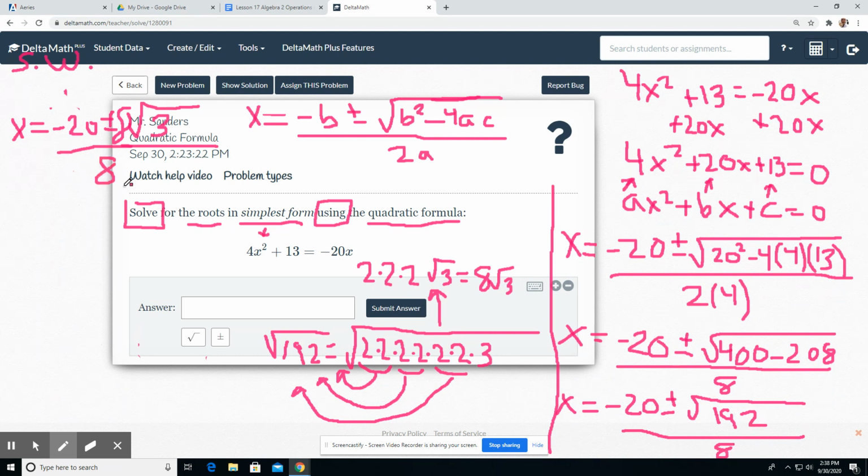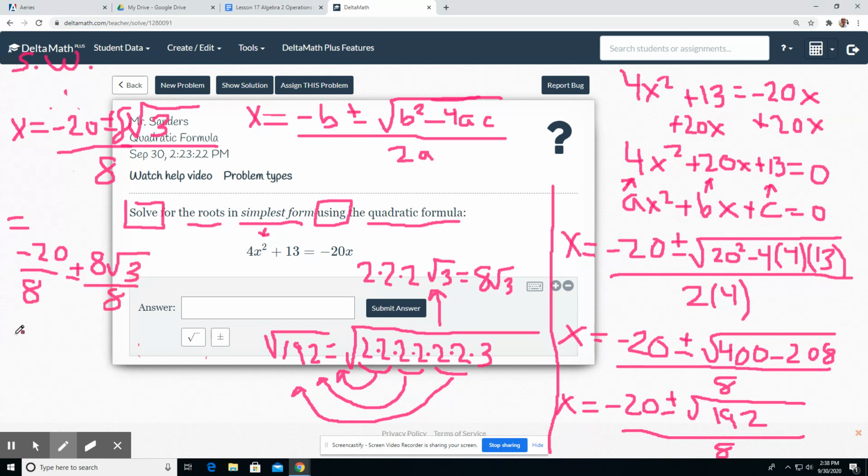All right. Getting close to the end now. So now I need to simplify this a little bit more. The 8 goes into each of these terms. So that's equal to negative 20 divided by 8, plus or minus, and I won't skip any steps here, 8 radical 3 over 8.